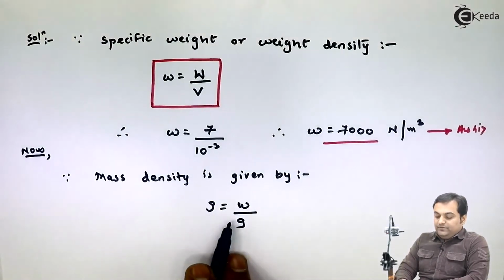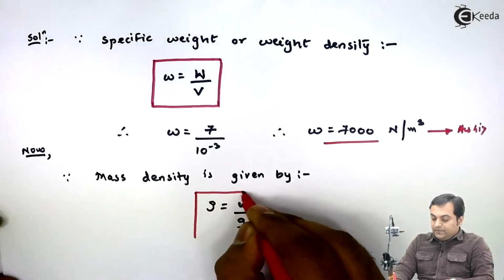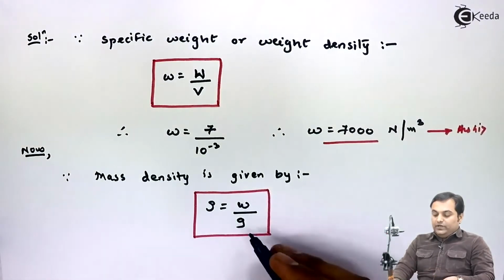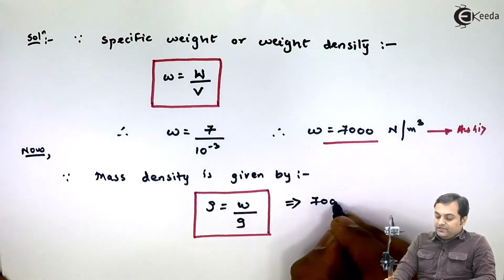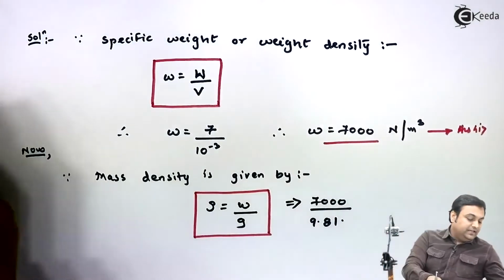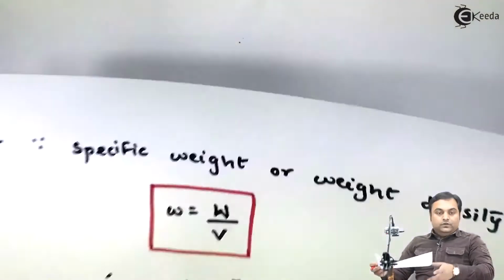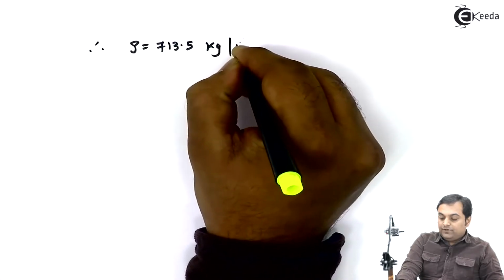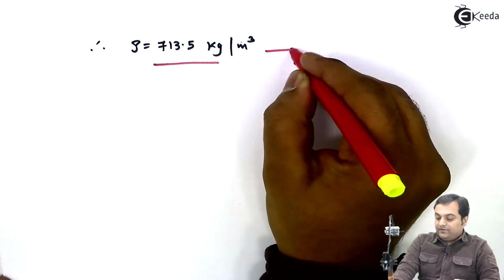So here is the relation between mass density and weight density. This relation I am utilizing, that mass density is weight density divided by g. Weight density we have got, it is 7000 divided by 9.81. So finally the density answer comes out to be 713.5 kg per meter cube, because it is mass per unit volume. So this is my second answer.